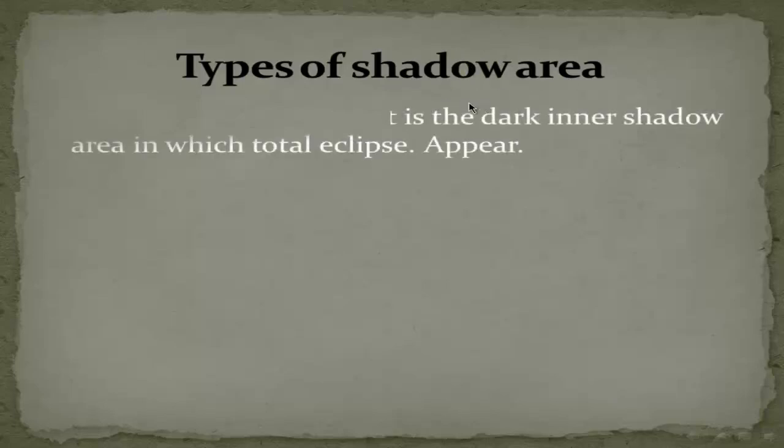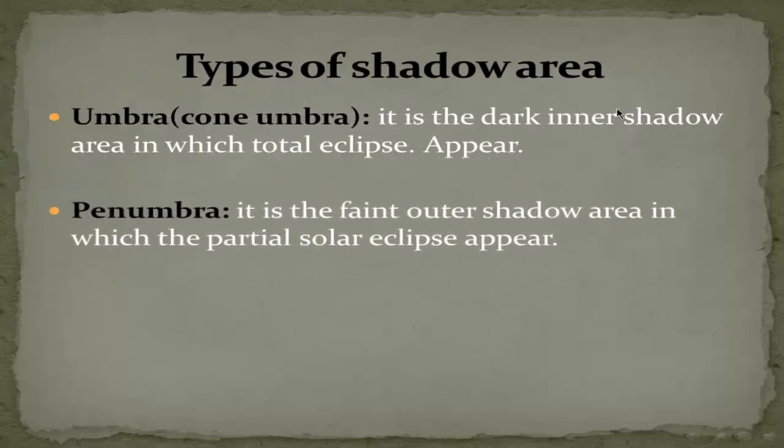How many shadow areas will the Moon form? There are two types of shadow area. Number one, umbra or cone umbra. Umbra is a dark inner shadow, the area in which total solar eclipse appears. Number two, penumbra.